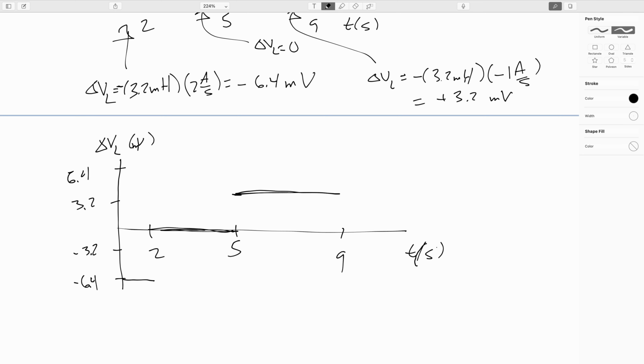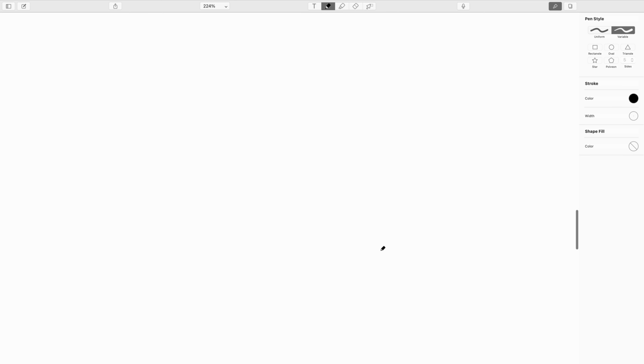So to give some flavor for how the geometry of inductors affects the inductance, let's find the inductance of a solenoid.